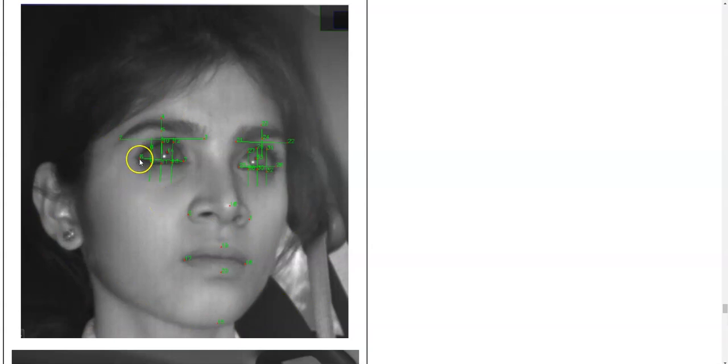The distance between 6 and 8, 9 should be equal to this distance, this distance and also this distance. The distance between 2 and 5 should be equal to 5 and 3 here. The same applies to the right eye.